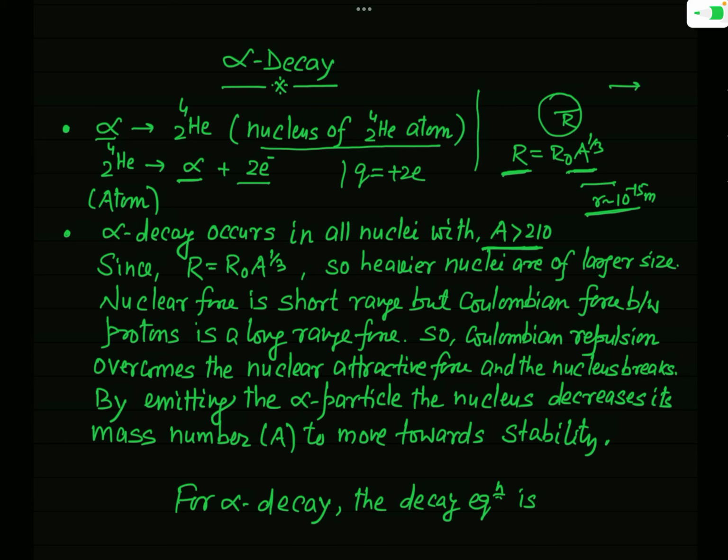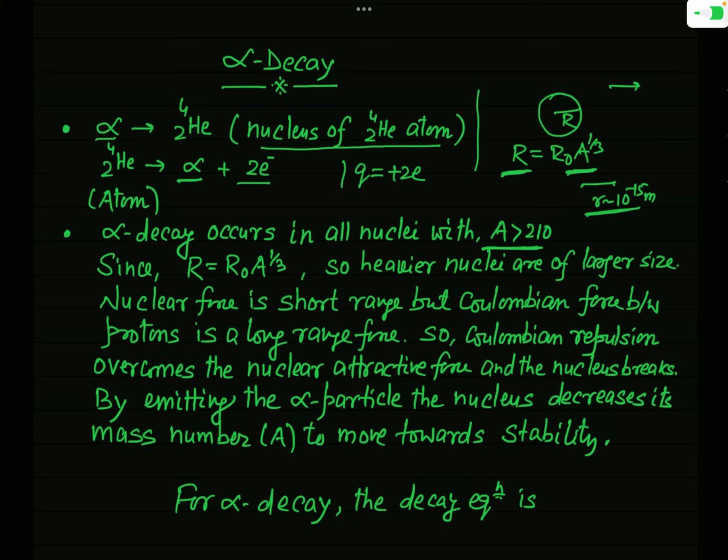The reason for the instability of such a nucleus is its larger mass number, so to get rid of this instability, the nucleus tends to decrease its mass number. And for decreasing mass number, alpha decay should take place. When there is an alpha decay, the nucleus will emit an alpha particle, and the mass number will be decreased by 4.